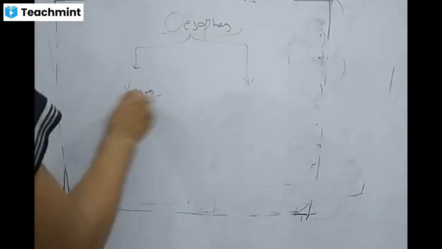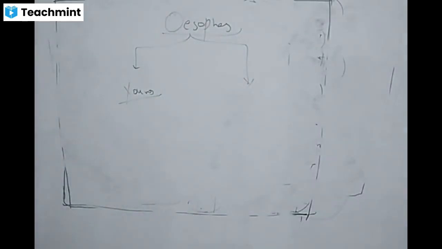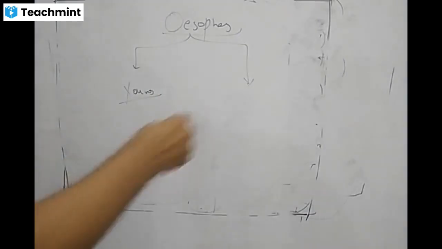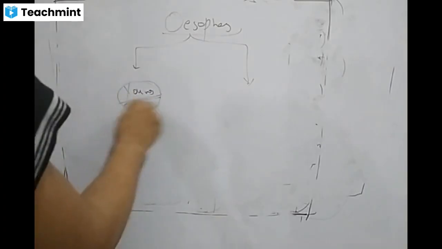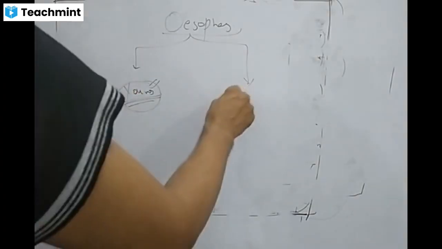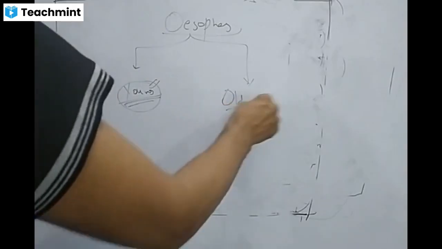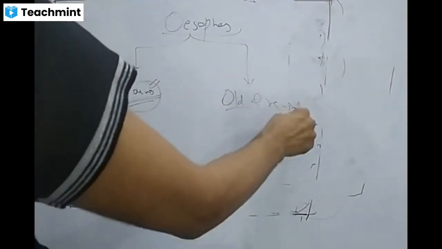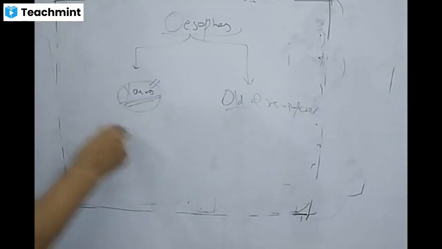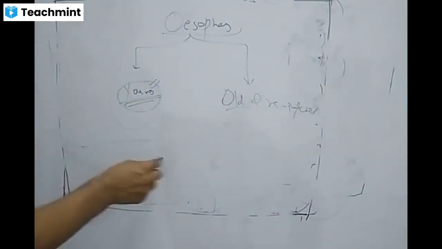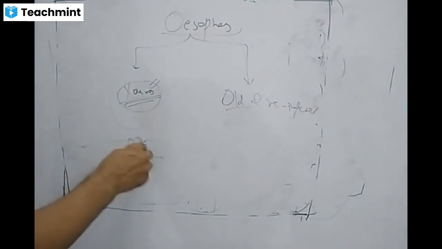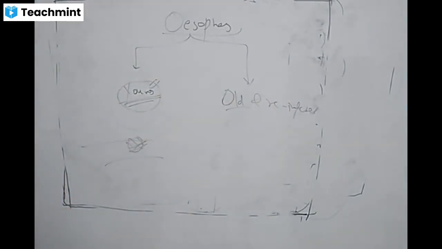In case of young animals, the pathogenesis of this is dependent on the immunity of the animal as well as the species of host. So young animal, and these are the old and reinfected. If the first time exposure is there in the intestine, there will not be formation of any nodules or any pimply gut.